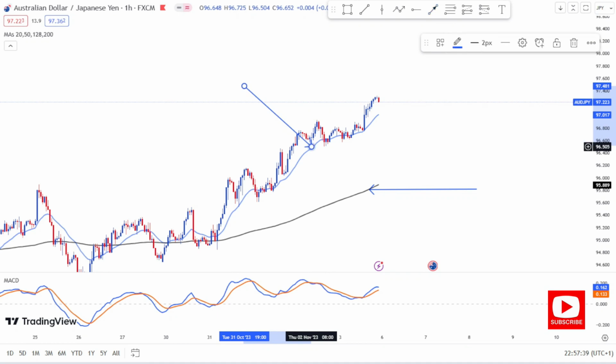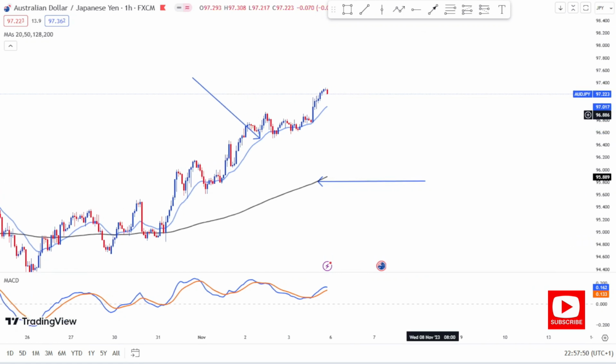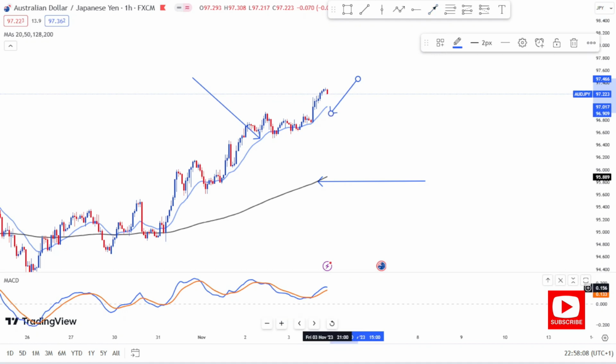So we are in an uptrend, and what we are to look for using the strategy is retracement or potential price reversal changes. For us to enter a valid sell trade, we must wait for the moving average 20 to be broken by price. That is, price has to close below this moving average 20, and our MACD indicator has to cross over to the downside.